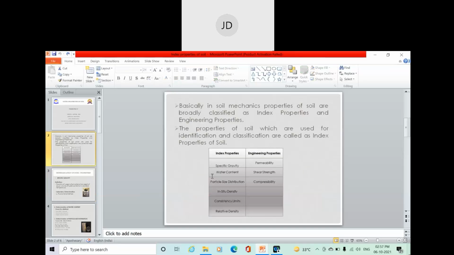New things here: particle size distribution, in-situ density, consistency limit, relative density, right? Since you know, in nature the soil particles are not of similar sizes.